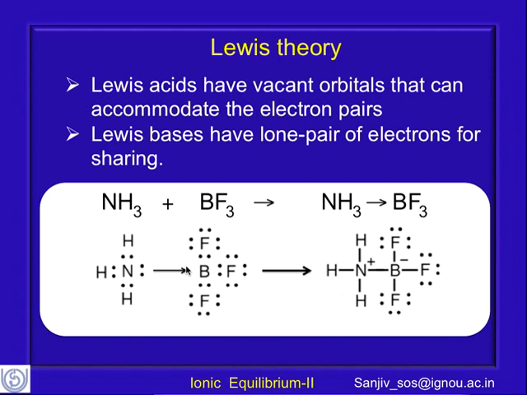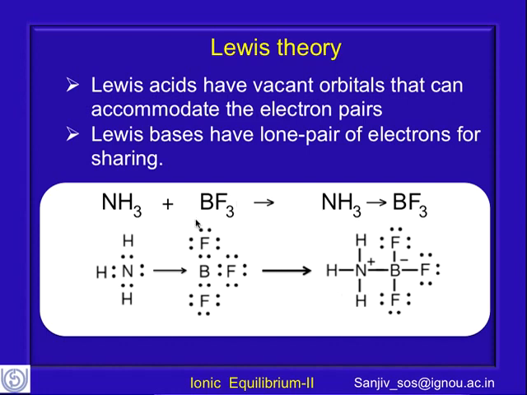That means in BF3, the boron atom is electron deficient in one way. And when these two species react together, ammonia donates this lone pair of electrons, which is accepted by BF3, and forms this kind of system. This is called an adduct. So this reaction is a reaction between a base and an acid.